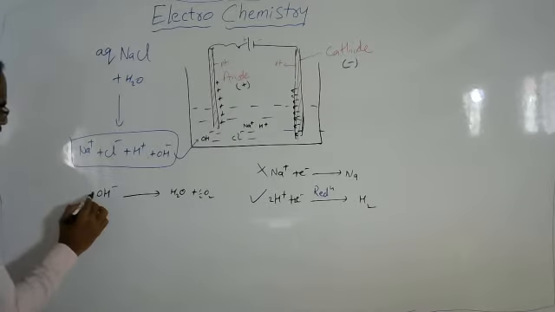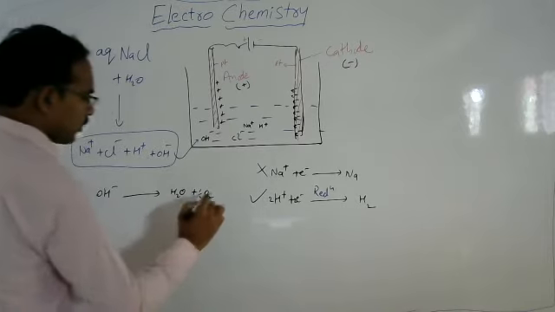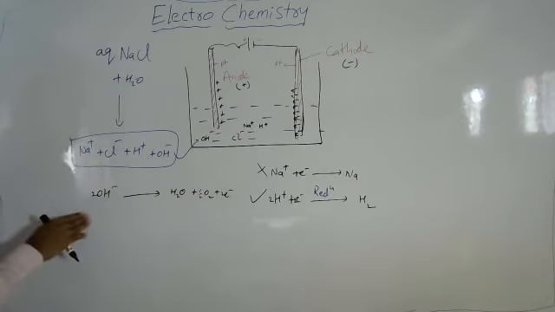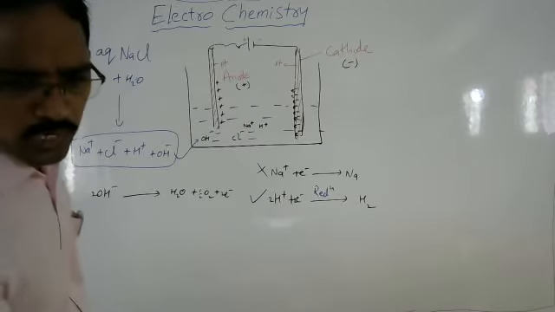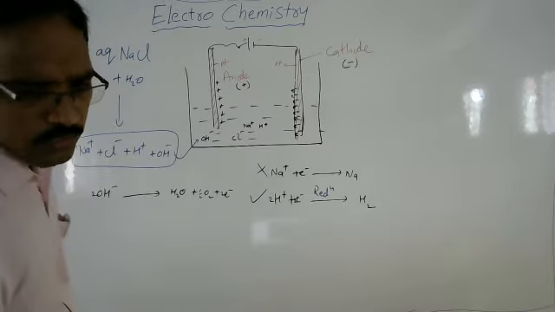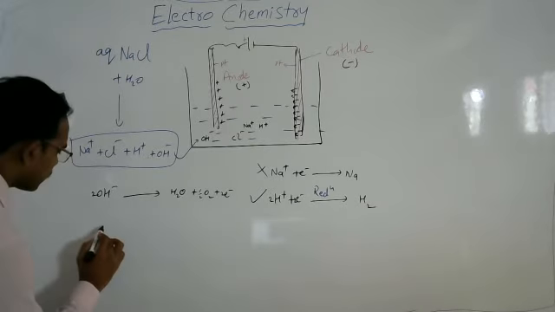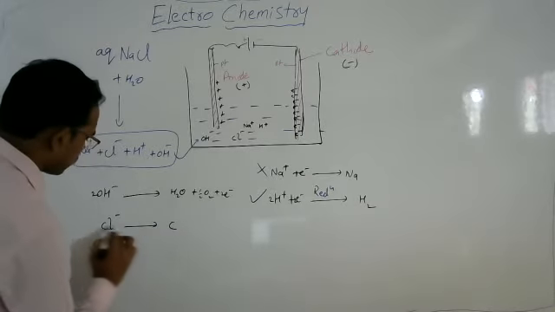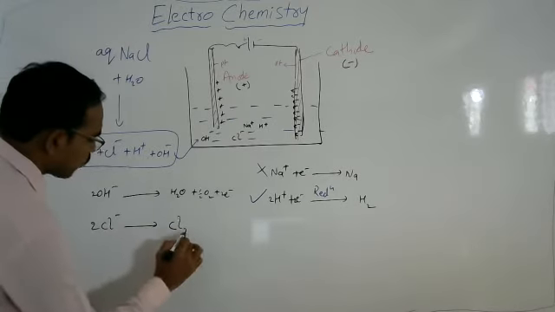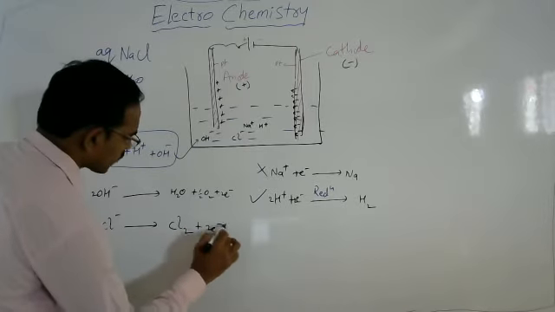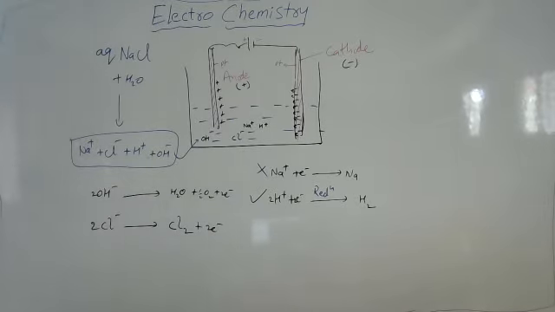If I take 2 OH-, then it loses 2 electrons. You can take 4 OH- forming water and oxygen. Next, another one is there: Cl-. 2Cl- I am taking, forming chlorine gas, a diatomic molecule, losing 2 electrons. Both are oxidation reactions.